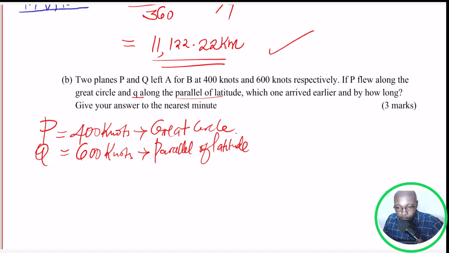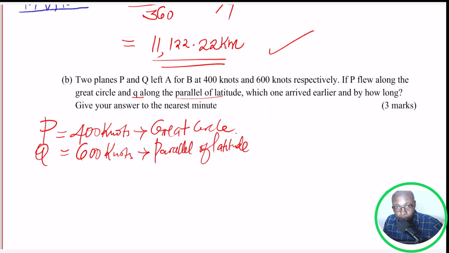So now we have these two planes. We need to get which one arrived earlier. The two planes left A to B. One, that is P, along the Great Circle, you're given the speed in knots. Then Q, you're given the speed in knots. When you're given the speed in knots, you obtain it after using the distance in nautical miles and time in hours.